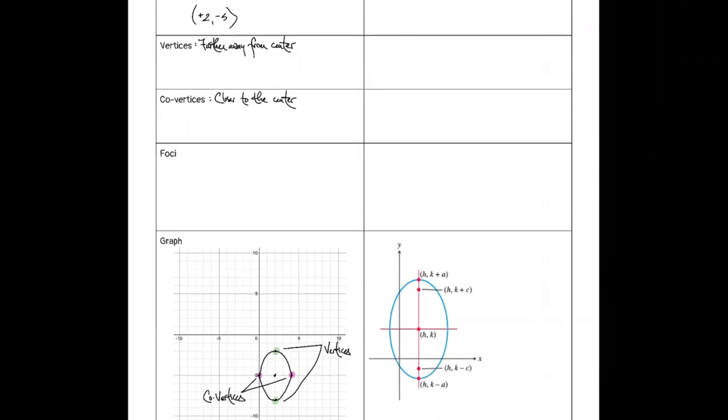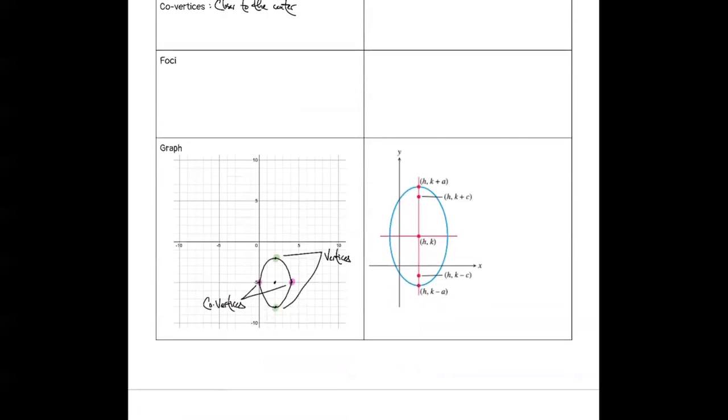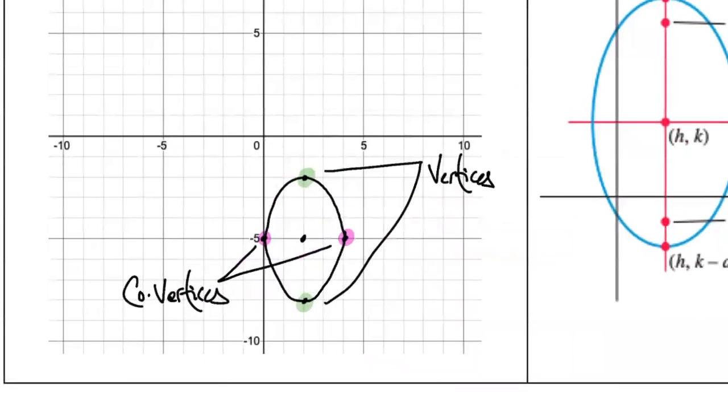Now, did you change the x coordinate or the y coordinate from the center? In other words, if we go back down to this diagram, we have our center point and then we have our vertices. Do those points have the same x value or the same y value? They have the same x.